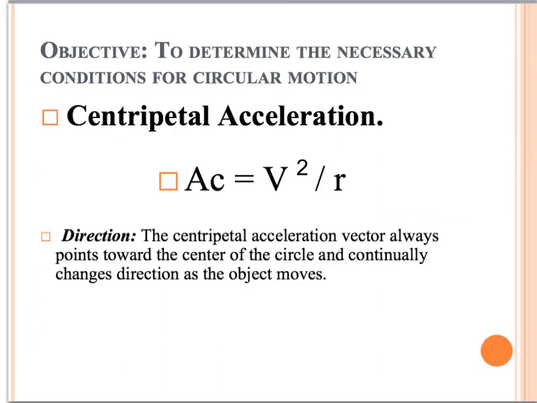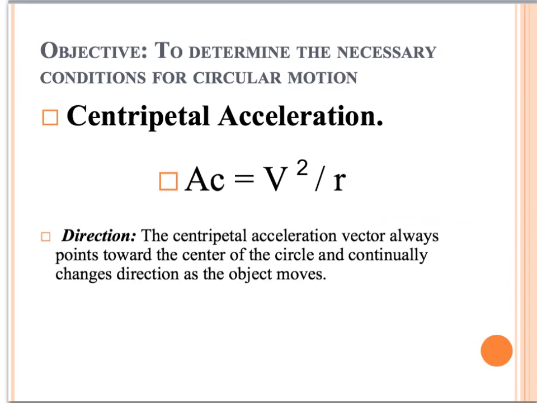Now remember, uniform circular motion is a special condition where the speed of our object as it moves in a circle remains constant. So if the speed remains constant, the only thing that's changing is the direction of our velocity. In order to accomplish this, we need some sort of acceleration, and this is it.